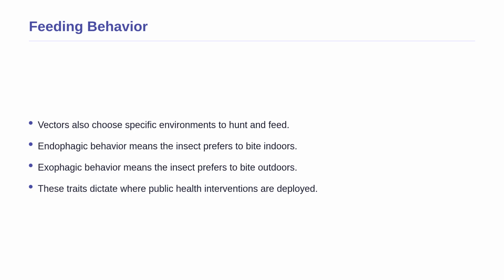Understanding these highly specific behavioral traits allows scientists to map out exactly how a disease moves through a population. For example, if we know a mosquito is endophagic, public health officials can design targeted control strategies, like distributing insecticide-treated bed nets. Without this knowledge, we would waste resources spraying chemicals in the wrong places.